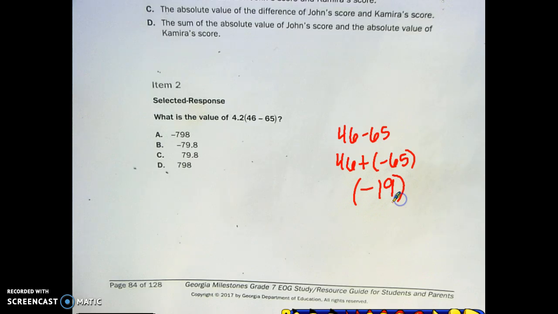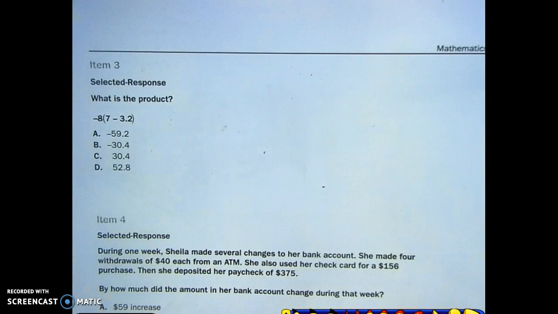And I'm multiplying that by 4.2. A positive times a negative is a negative, so I know that the answer is not C or D. When I multiply 4 and 2/10 times -19, I get -79 and 8/10. Number 3, what is the product?